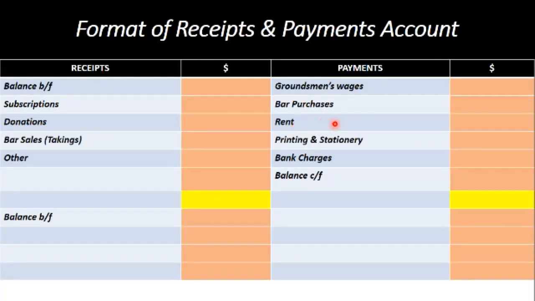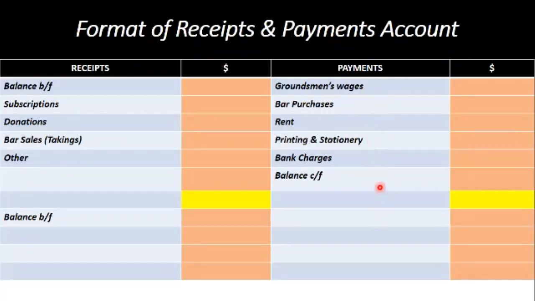You may also pay a rent, printing and stationery for when you have to print things. And then if you keep your money at the bank, you will have bank charges.